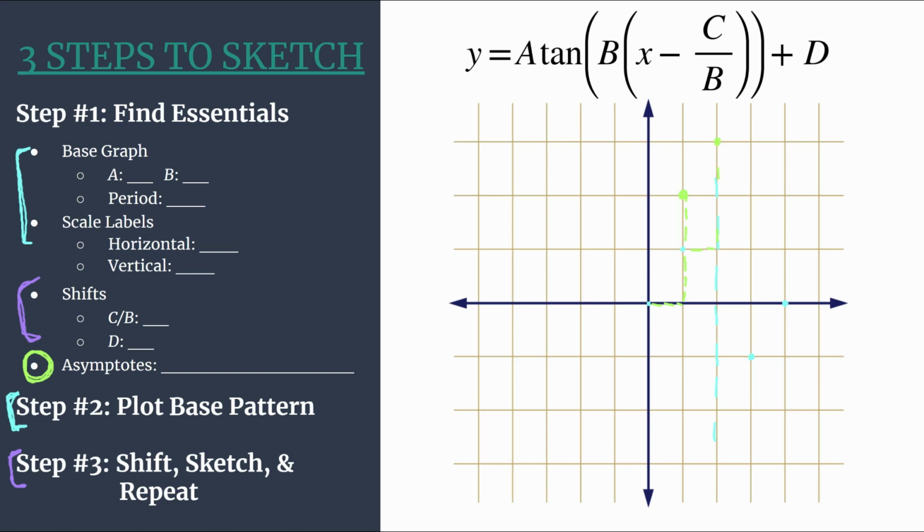The asymptote, when we move it right 1, of course that changes it, but moving a vertical line up or down doesn't really change anything. All right, last points, right 1, up 2, right 1, up 2. I'm going to make those really dark so we can see them clearly. We would sketch in that tangent curve. And that is one cycle of a tangent graph.